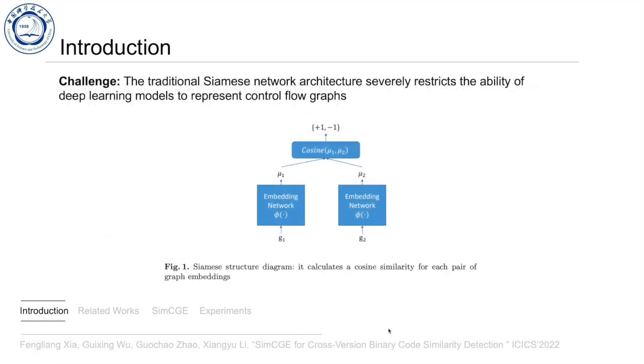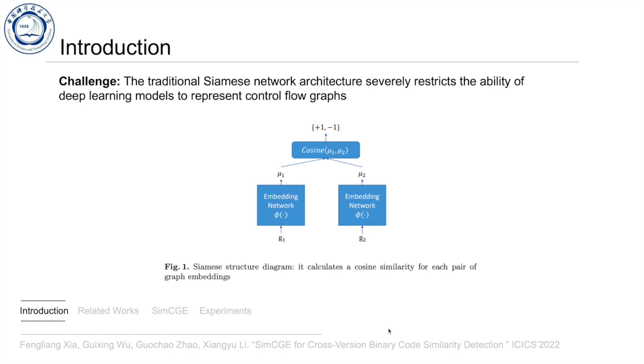Shown in the figure is the architecture diagram of the Siamese network. Most previous related work adopts the Siamese network architecture. In our experiments, we found that it is prone to overfitting, and it gives insufficient consideration to marking the similarity of function pairs with the same source as 1 and those with different sources as -1.